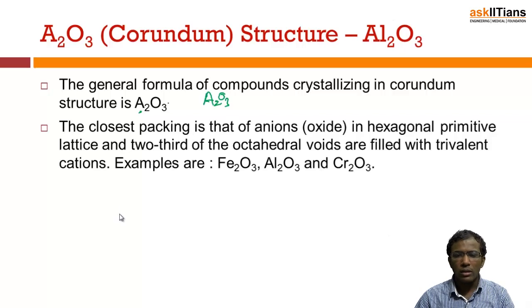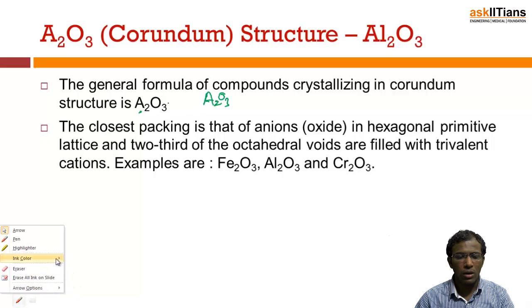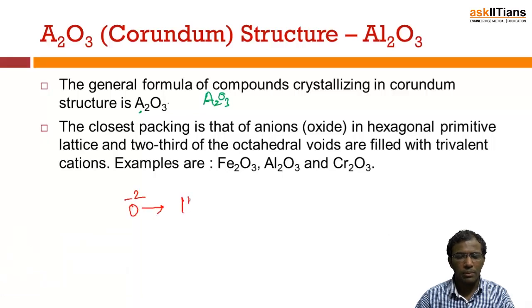In this corundum structure, anions are occupying the hexagonal primitive lattice. That is, the anions, the oxide ions, are in HCP arrangement, hexagonal close packed. And if you take the cations, for example aluminum Al3+, it occupies only 2/3 of the octahedral voids.